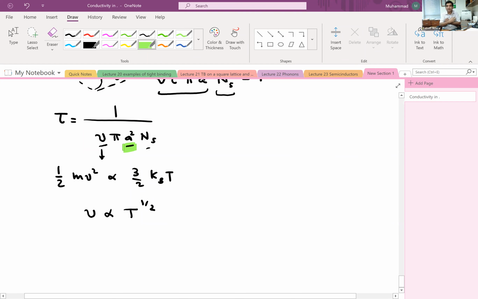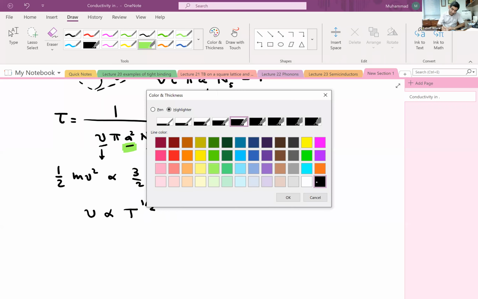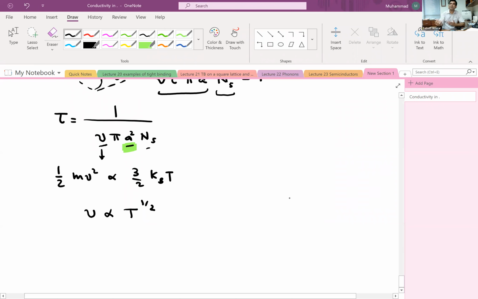Will this change with temperature? Yes, it should change. And how will it change? It will increase with temperature. How much increase? What's the proportionality?